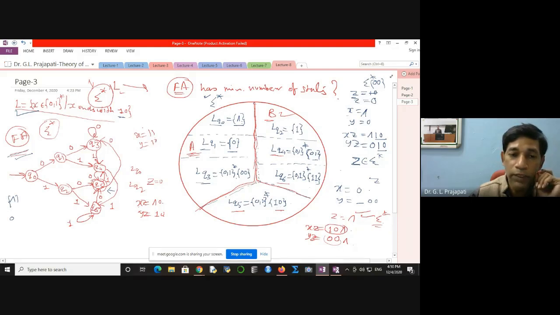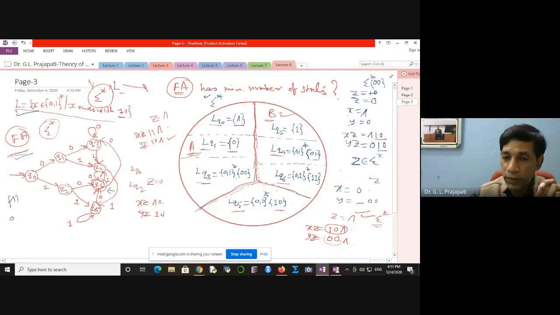Again, if you take z as the null string, z is sufficient to distinguish. So xz is not in the language and yz is in the language. So you can also distinguish the strings from this set and the strings from equivalence class B.